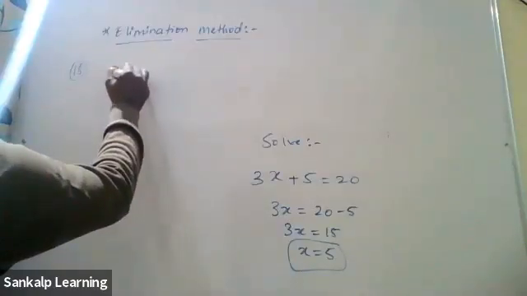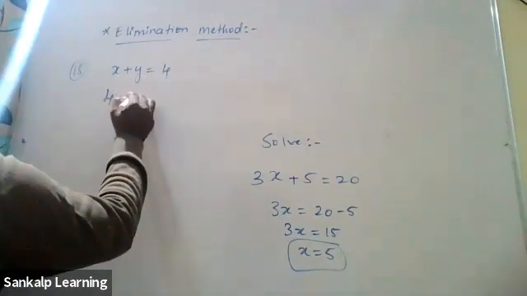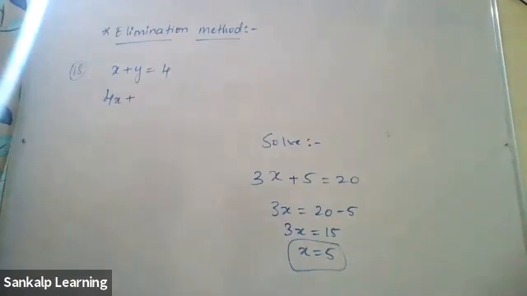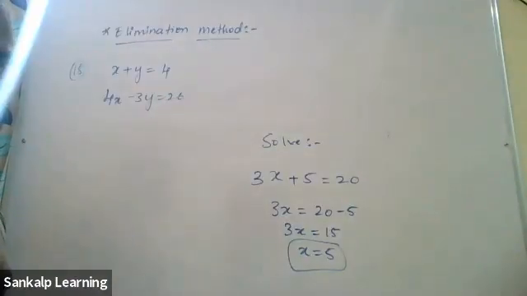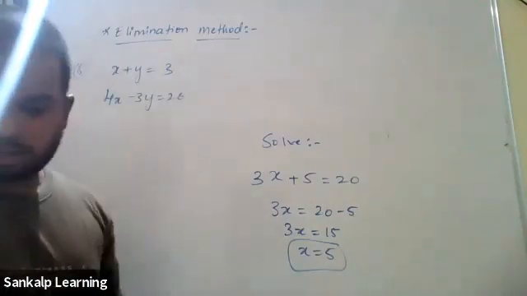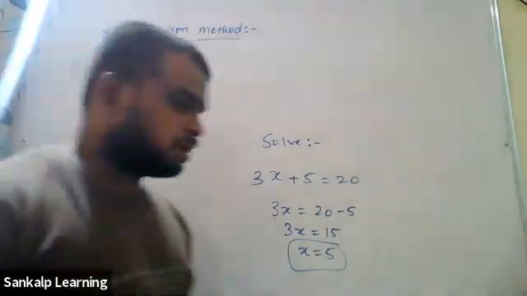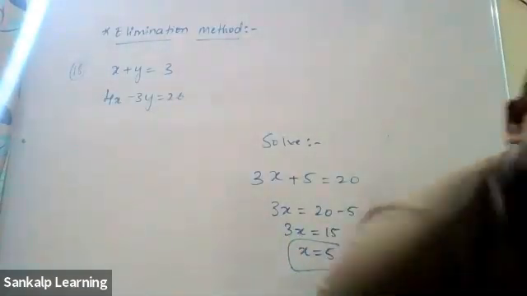So x plus y is equal to 3 and 4x minus 3y is equal to 26. I just wanted to solve the same question so that it will be easy to compare the answers.